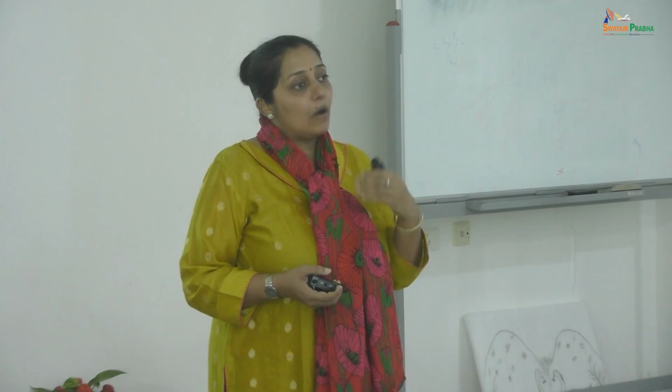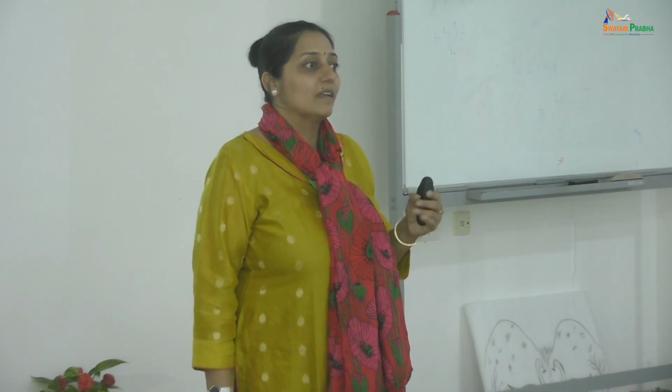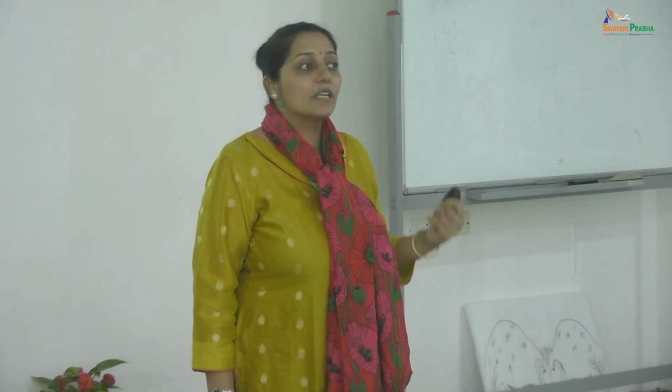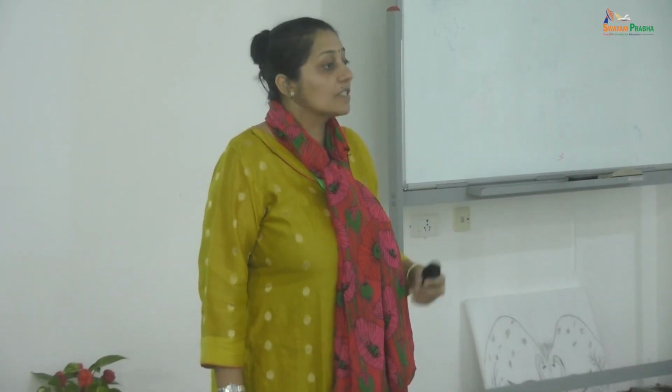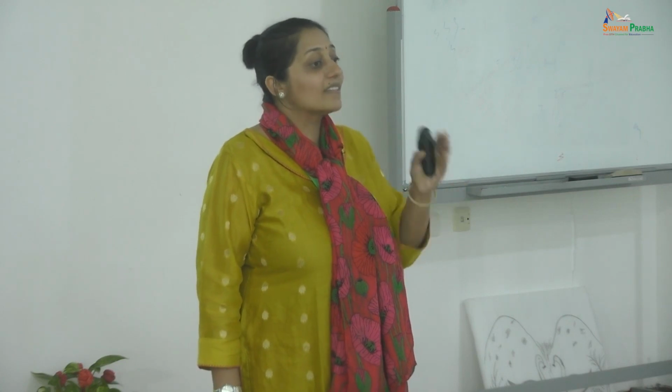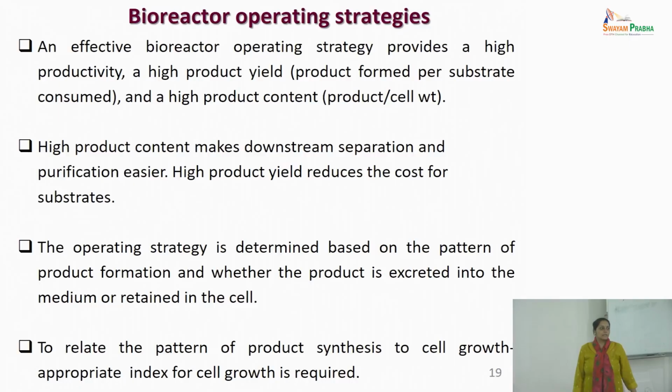And if the amount of product per unit substrate is also increased, then what am I improving? I'm reducing my production cost, the cost which I'll be spending on the substrates, because I have improved the amount of product produced per unit substrate consumed. Okay. So when we optimize any process, we should work on both parameters, high product yield and high product content.